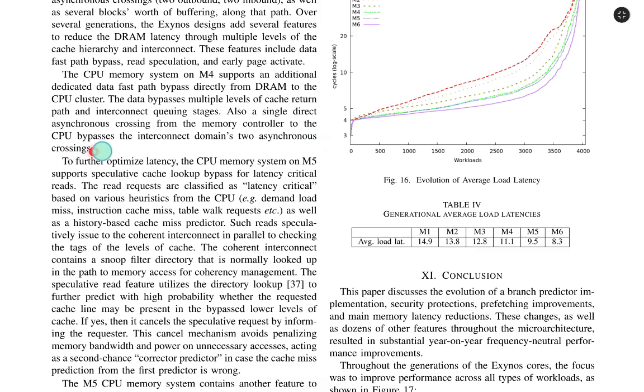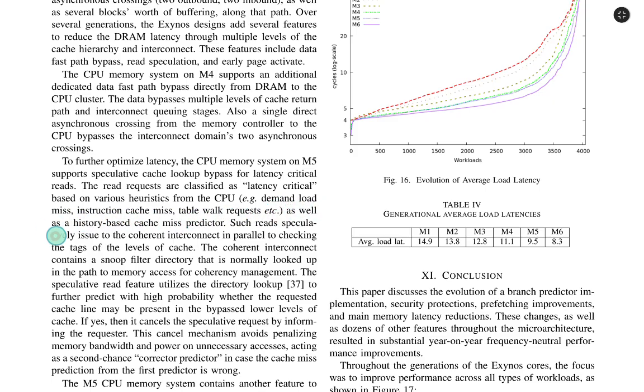To further optimize latency, the CPU memory system on M5 supports speculative cache lookup bypass for latency critical reads. The read requests are classified as latency critical based on various heuristics from the CPU, for example, demand load, instruction cache miss, table walk request, and so on, as well as a history-based cache miss predictor.